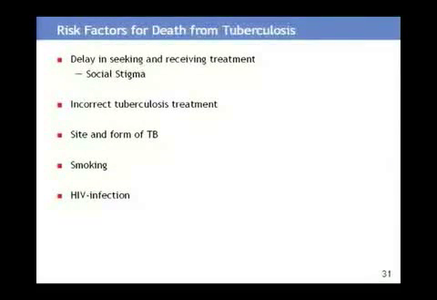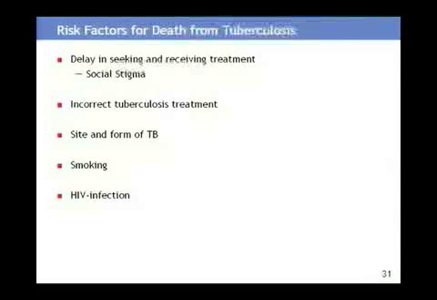Finally, I'd like to end the risk factor section looking at risk factors for death from tuberculosis. One of the primary risk factors for mortality among TB patients is delays in seeking and receiving treatment. If an individual does not come in to seek treatment once they have symptoms of TB, then they are in the community for longer periods of time with greater risk of transmitting TB to others.